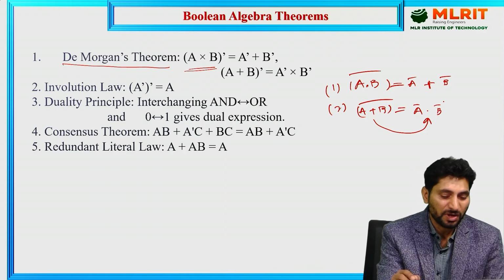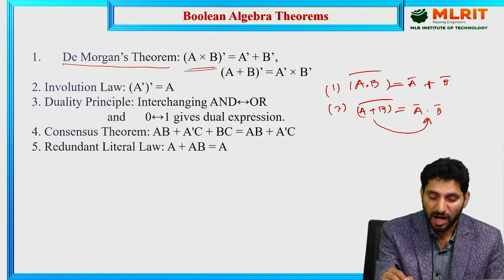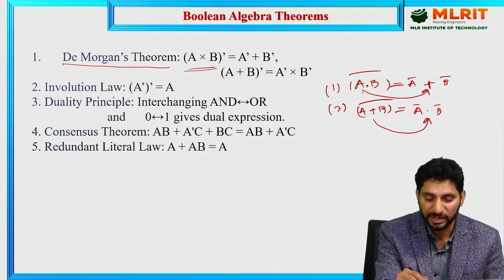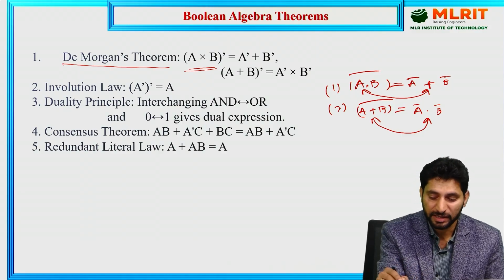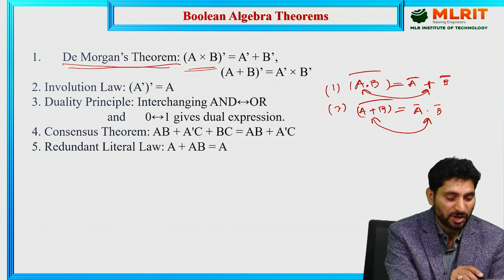So De Morgan's theorem says that in the expansion, the OR operator can be replaced by the AND operator, and the AND operator will be replaced by the OR operator, and vice versa, and complement each literal. So this is about De Morgan's theorem.